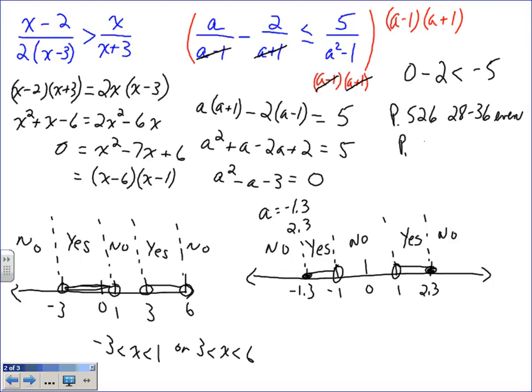And then on page 517 and 518, 10 through 52 even, and 55 through 57 all. And we will have an opportunity to work on these in class tomorrow and get your questions answered on these last two sections. Okay? So, all right, and that's your lesson.